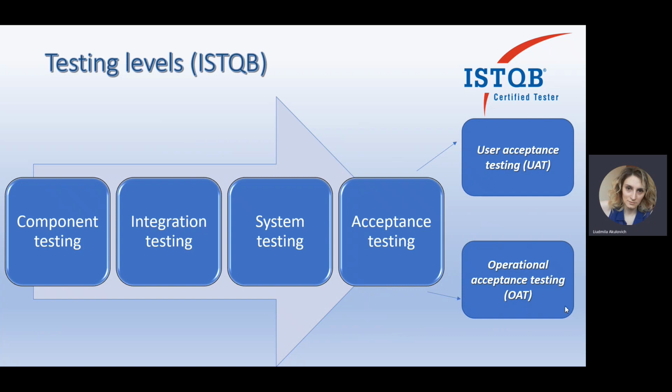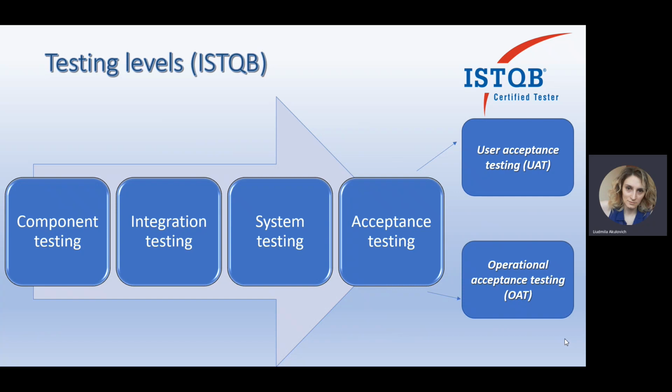System testing is often considered as the end-to-end tasks we should perform to check functions, to check non-functional behaviors, and so on. And the last level is acceptance testing. It's pretty close to system testing, but typically focuses on the readiness of the product to be released to the public.